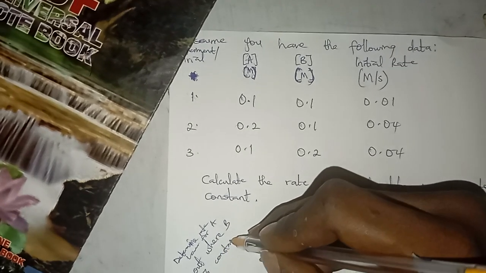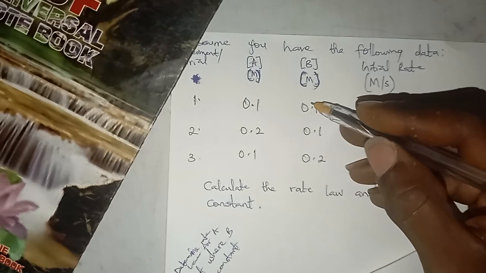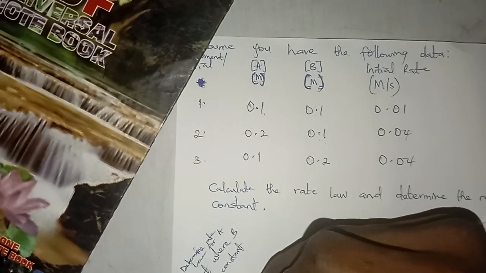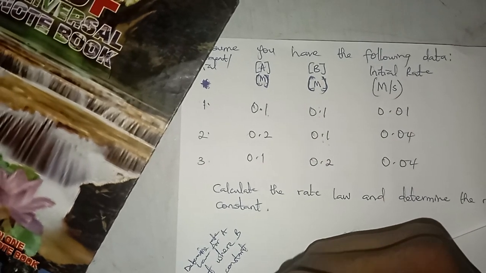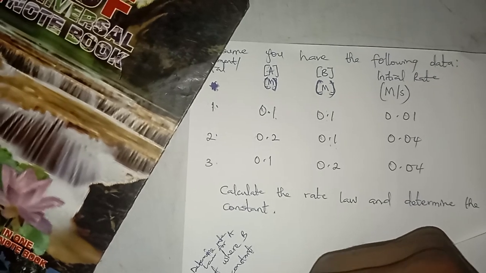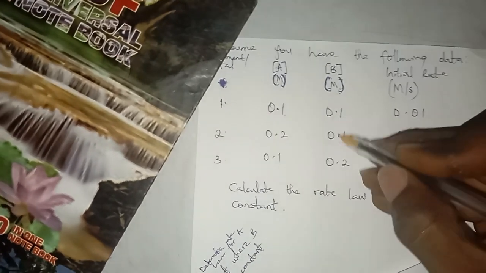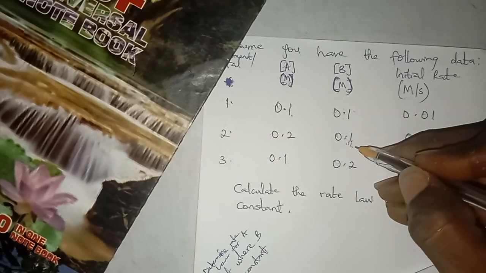Looking at this question, you can see that B is constant at 0.1 and 0.1. So at this 0.1 and 0.1, what are the values of A? The first concentration of A is 0.1, and the second concentration of A is 0.2, keeping B constant. Notice it, B is constant at 0.1 and 0.1.